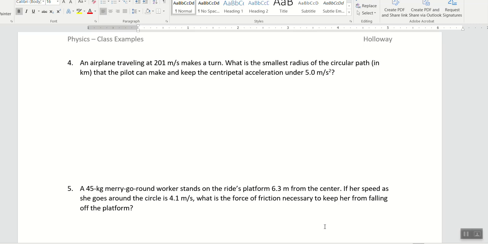How fast is the plane going? 201. If you're doing this one, I can check this one too. Or are you doing it?